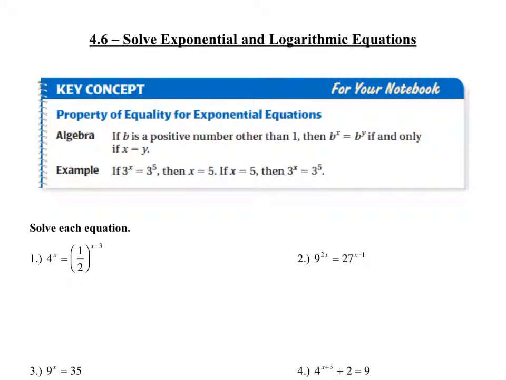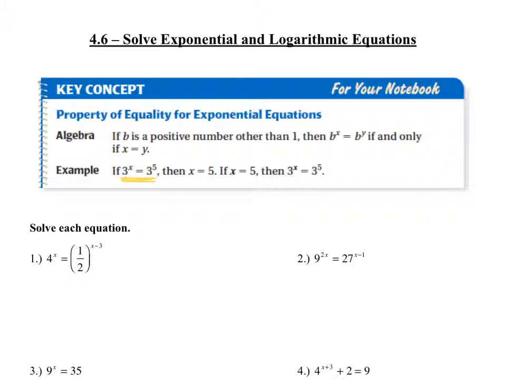Alright, the last part of this unit is going to actually solve equations that involve exponential and logarithmic expressions or terms. So, our little key concept box there says that if we have 3 to the x and it equals 3 to the 5th, then x is equal to 5.